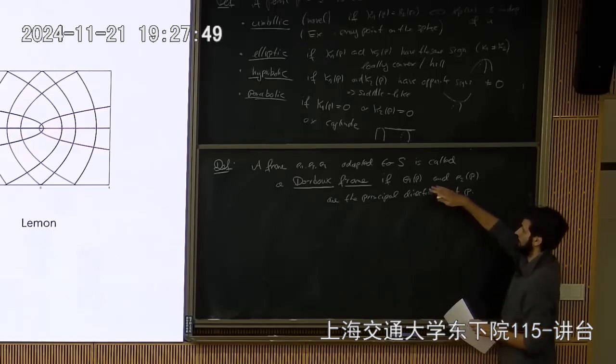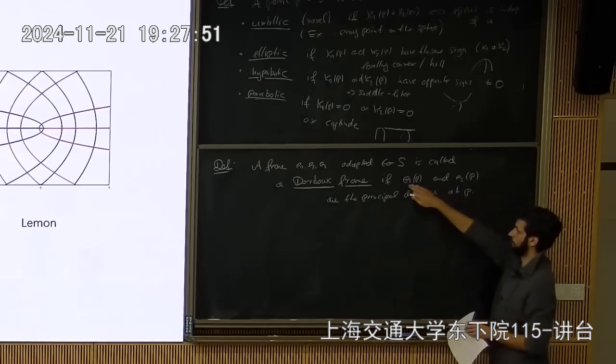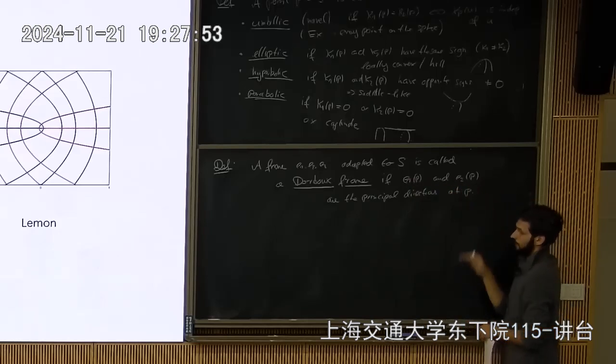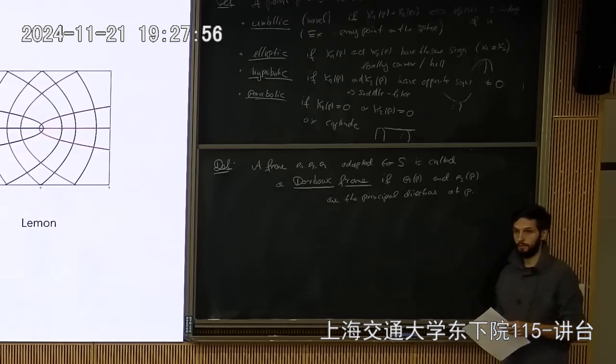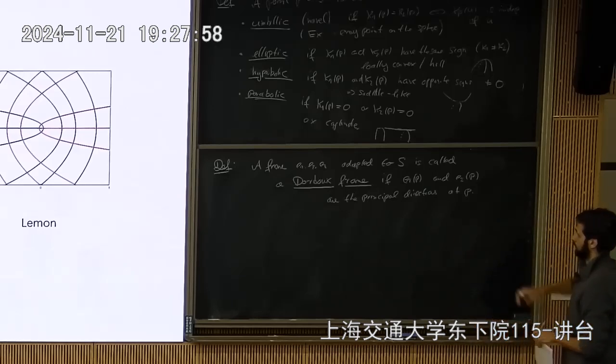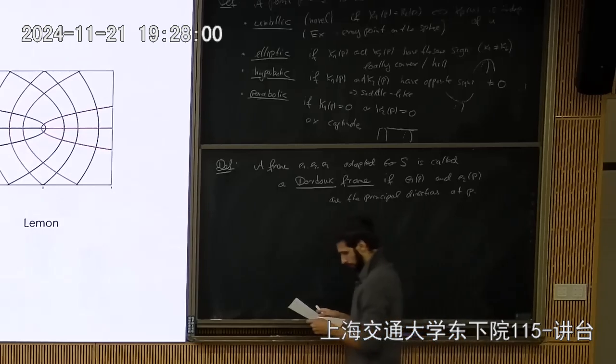So if you apply the shape operator in these frames, then you get a nicely diagonal matrix, and then they are called a Darboux frame.